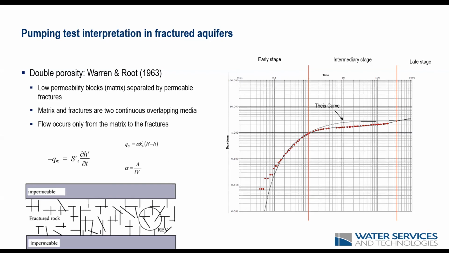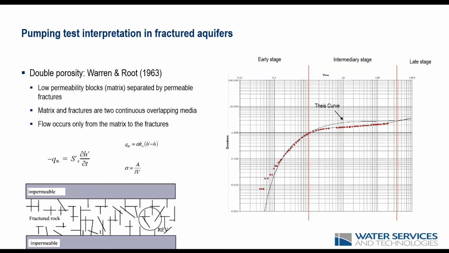The flow equation in the matrix, which is this equation that is shown down here, Q alpha, assumes that the flow between the matrix and the fractures is proportional to the conductivity of the matrix and the difference in head between the two media.